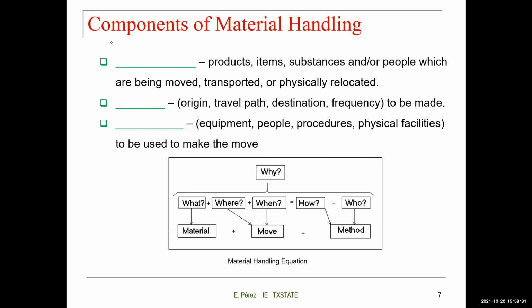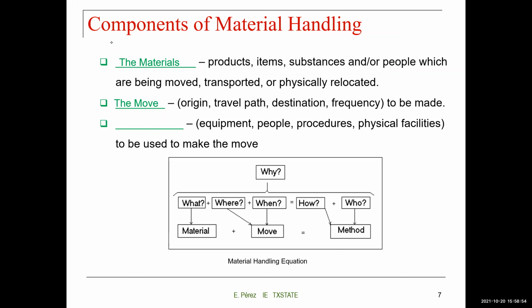So components of material handling. We have three components: the materials, which are the stuff that we're going to be moving inside the facility, products, items, substances, and or people, which are being moved, transported, or physically relocated within the facility.